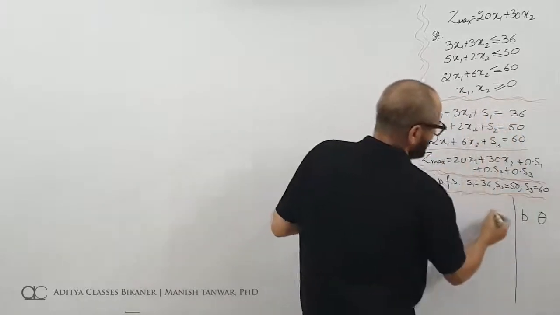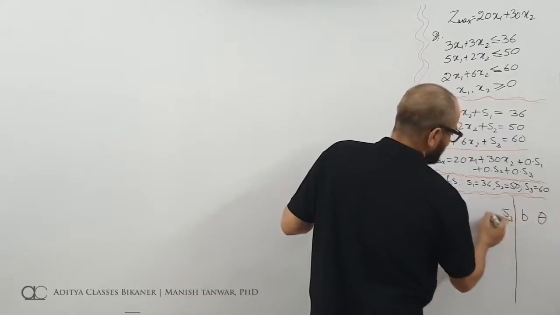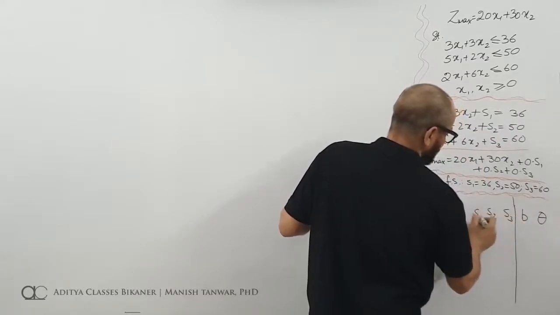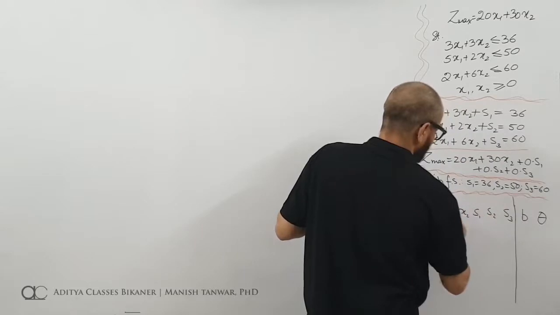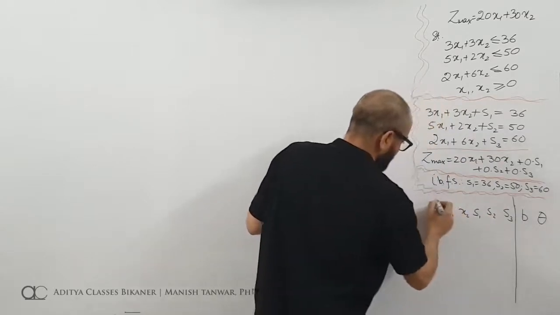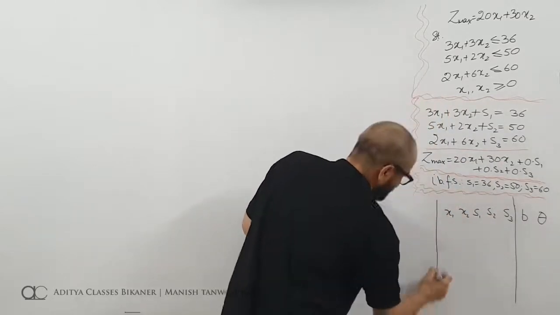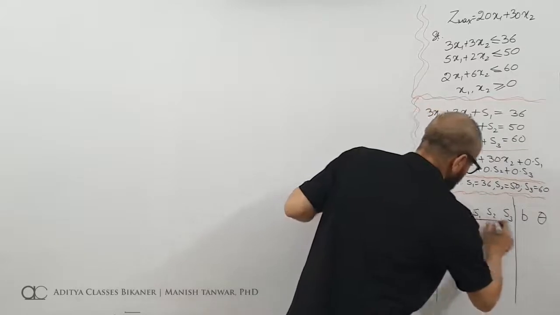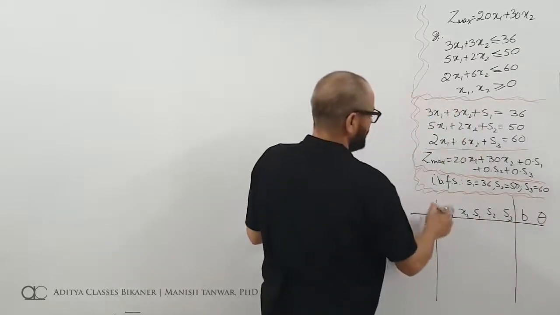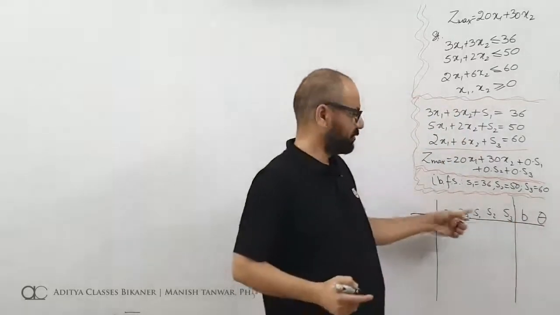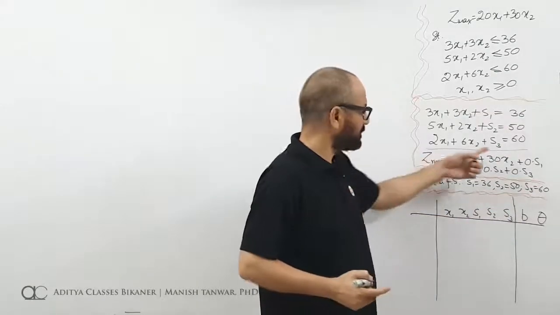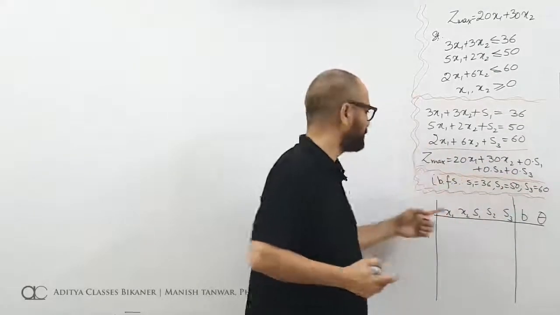Then there are 3 slack variables, S3, S2, S1, X2, X1. Their respective contributions, X1, X2, S1, S2, S3. Contributions are always coming from the objective function.